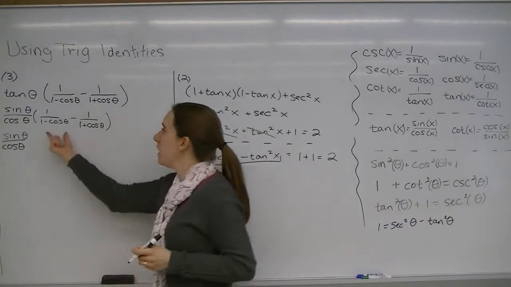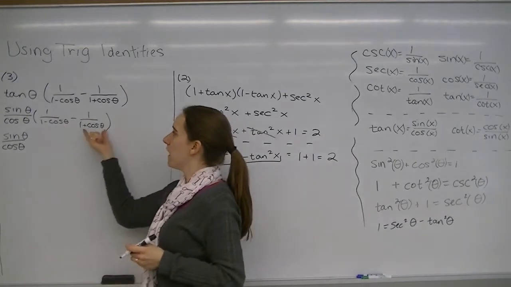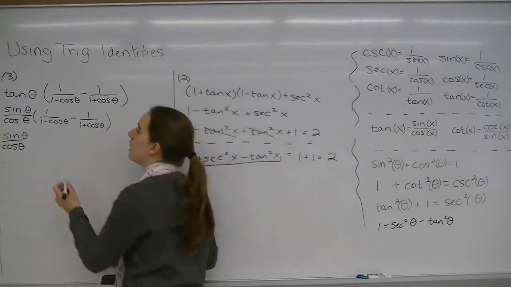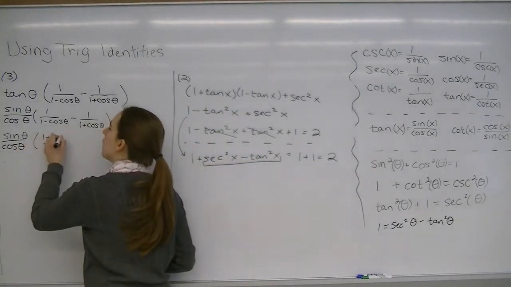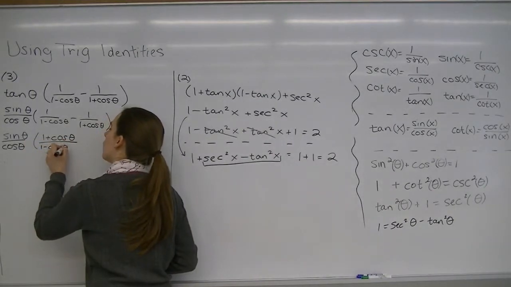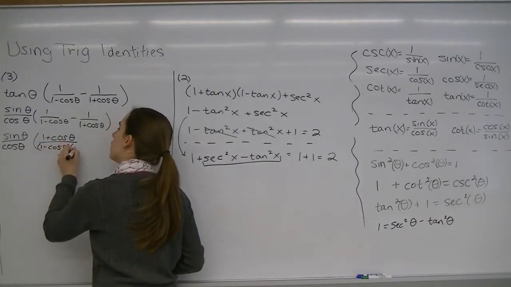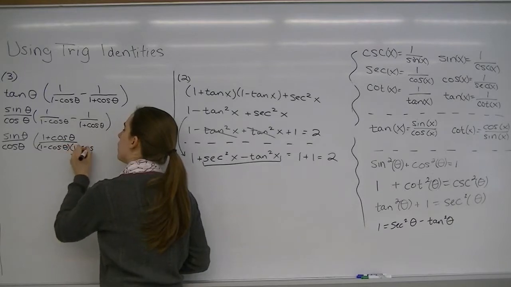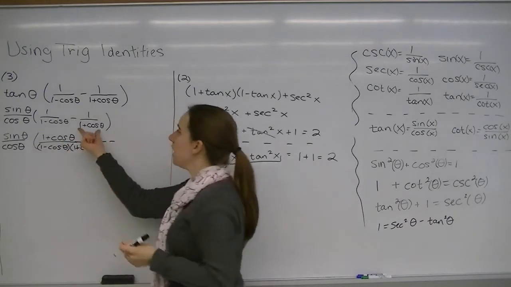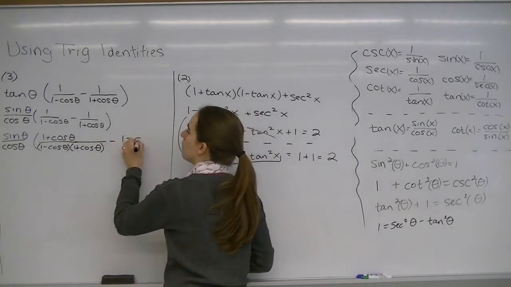So my denominator is going to be 1 minus cosine theta times 1 plus cosine theta. So here I'm missing the 1 plus cosine theta. And here I'm missing the 1 minus cosine theta.